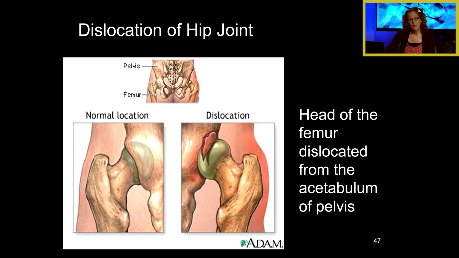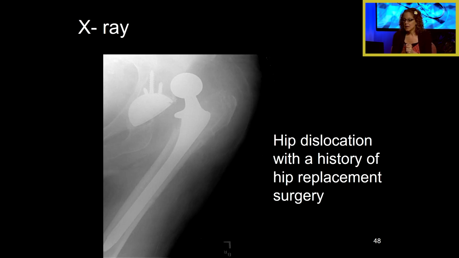And what I have on this next slide is an example of a hip that has been dislocated after a person has had a hip replacement surgery. So hips can become dislocated either if you've never had surgery or after surgery. It is a risk.